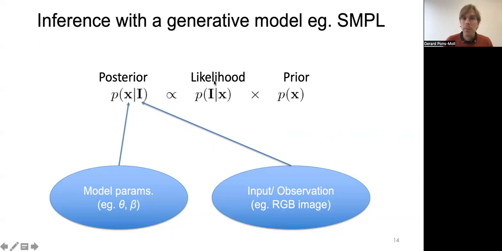And you turn this problem into a likelihood times a prior. So the likelihood is basically explaining the image. Essentially you want to measure how likely the image observations are given some model parameters X. And then you have some prior, for example, on the shape of the person or the plausible poses. And this is something that you can learn or construct before you have seen the image evidence.